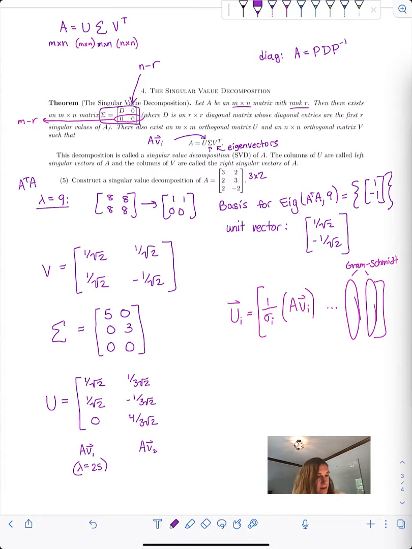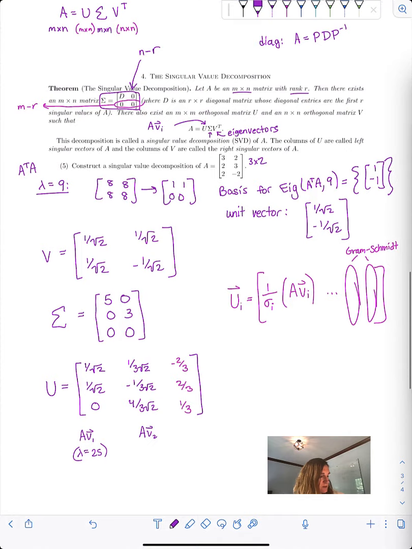I'm not going to talk about how, so you can go back and try to compute that column. I'm not going to show you today how we got the third column. If I were to ask you to do something like this on the test, I would fill in that third column for you and ask you what the first two columns need to be.